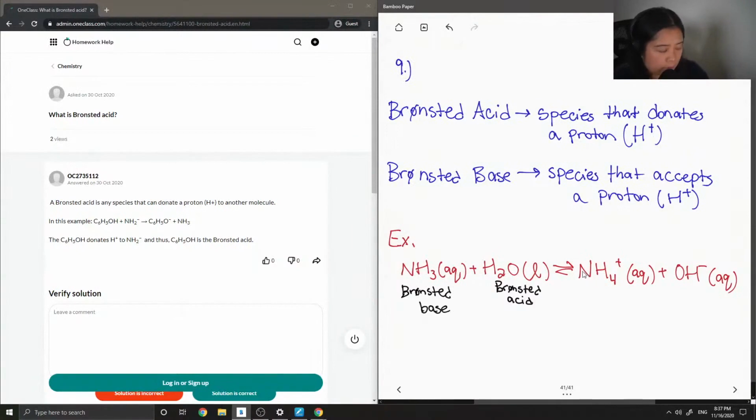And then if we were to look at the products that were formed, the ammonium ion is our conjugate acid, and the OH- becomes the conjugate base. So these can also be labeled as another Bronsted acid and Bronsted base.